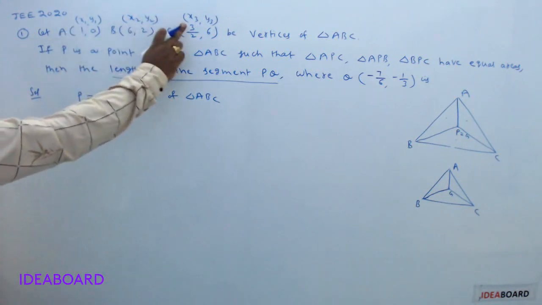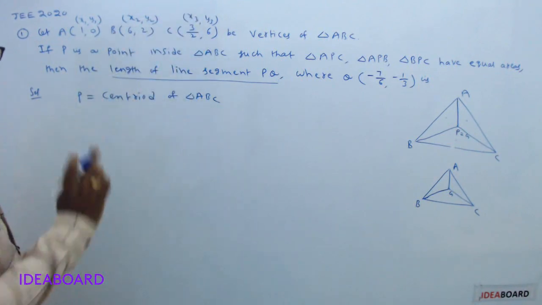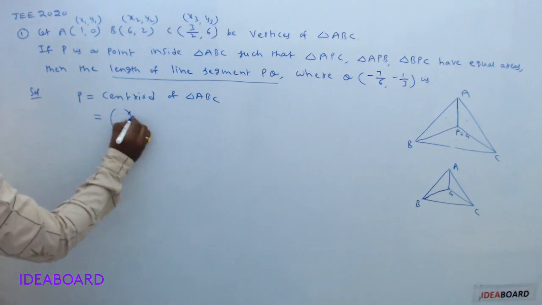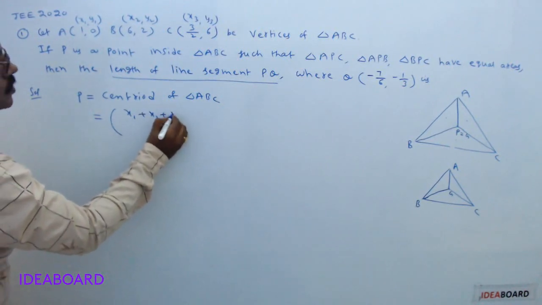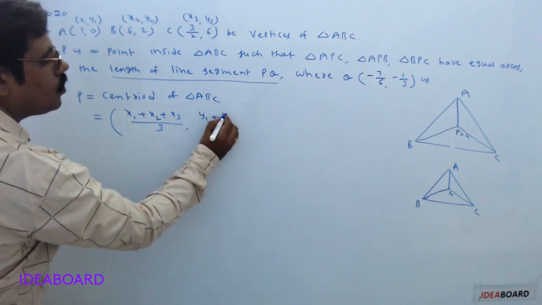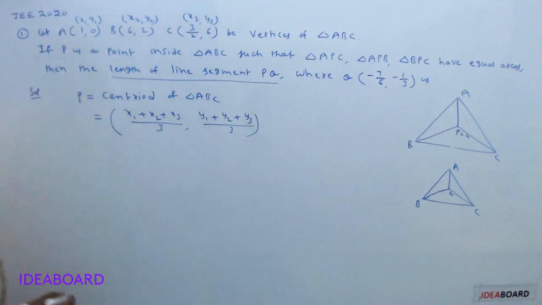It is ((x1 + x2 + x3)/3, (y1 + y2 + y3)/3). So, use that formula. The centroid of a triangle is ((x1 + x2 + x3)/3, (y1 + y2 + y3)/3).